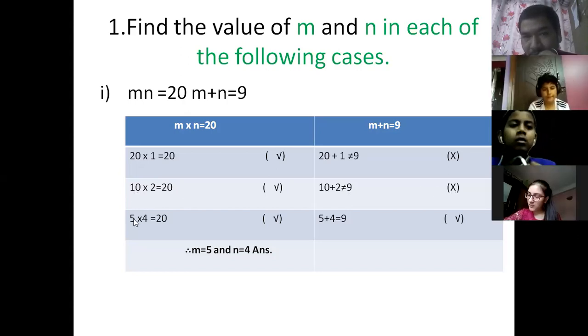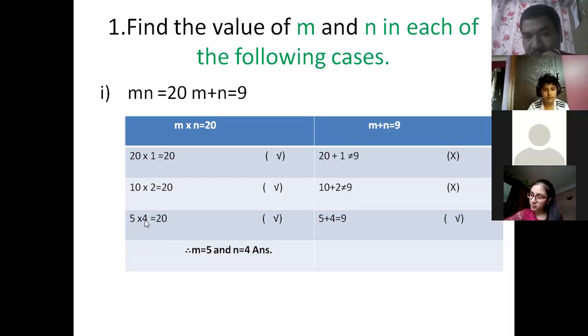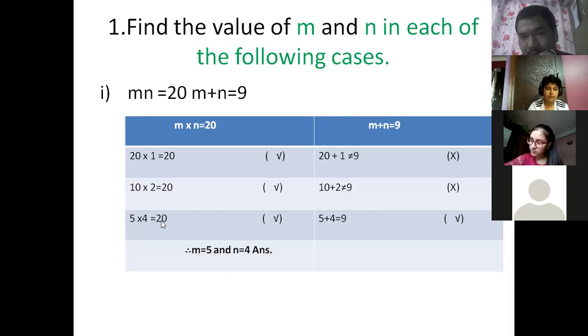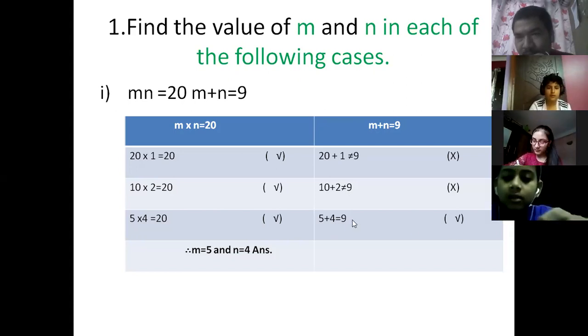Factor of 20, 5. 5 into 4 is 20. It is true. But 5 plus 4 also what is here? 9. Is this true or not?